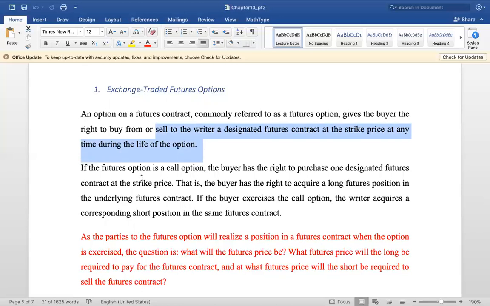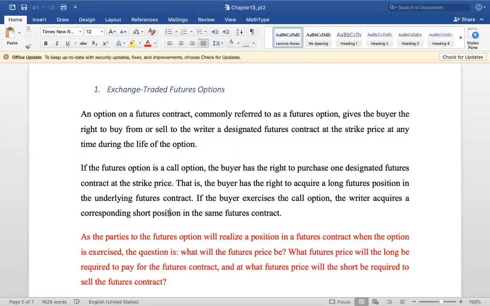If the futures option is a call option, the buyer has the right to acquire a long futures position in the underlying futures contract. If the buyer exercises the call option, the writer acquires the corresponding short position in the same futures contract.